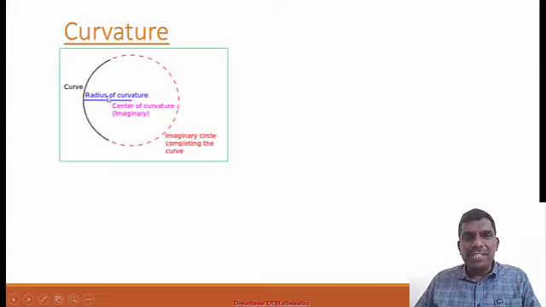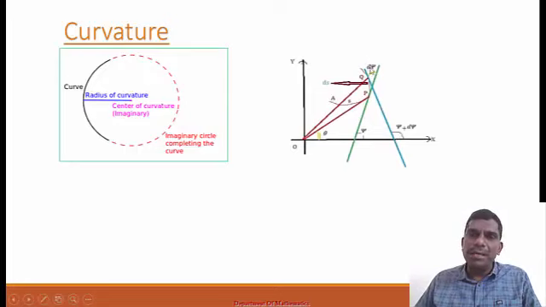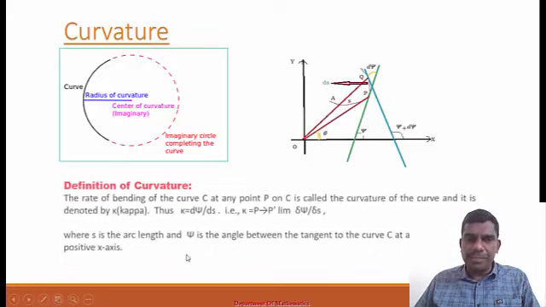The radius of curvature is the radius of the imaginary circle which passes through only that particular part of the curve. To obtain this curvature, we consider a general arc which may be represented in Cartesian, polar, or parametric format, and we define the curvature like this.